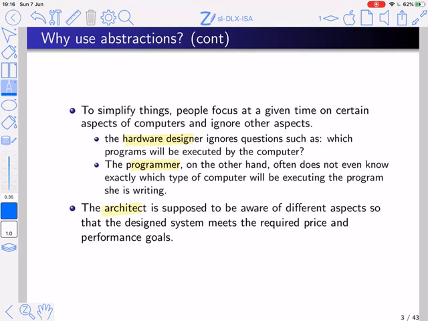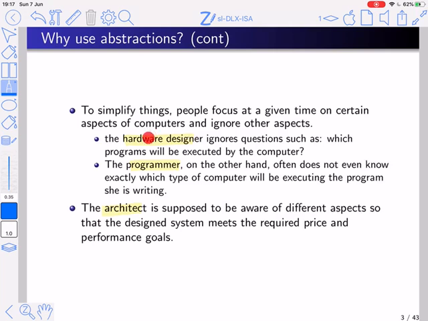In order to deal with such complicated systems, good engineering practice is to use abstractions. And these abstractions are used by different people or different entities that are focusing on different aspects of this system.